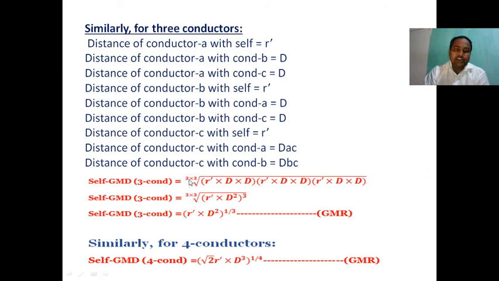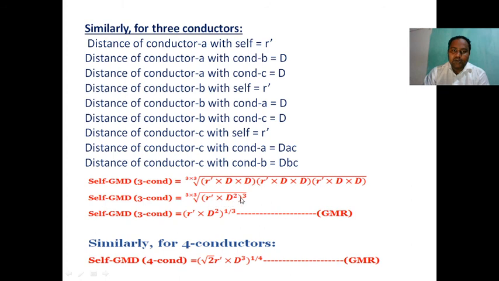Here three into three is 9, three square is nothing but 9. All possible three square distances of the bundle, including the distance from the subconductors to themselves. Once again I repeat, geometric mean of all possible three square distances of the bundle, including the distance from the conductors to themselves.